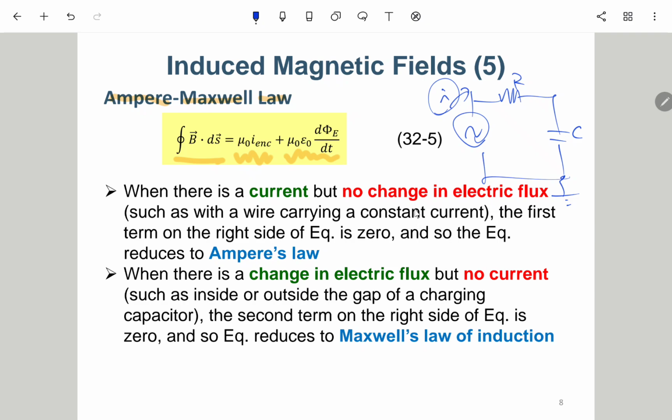For the first one, if there is only static current, then the second term will become 0, and it shrinks down to Ampere's law. For the second case, if there is no static current but only a change in electric flux, the first term will become 0, such as inside and outside the gap of a charging capacitor. The second term of the right side of the equation is 0.